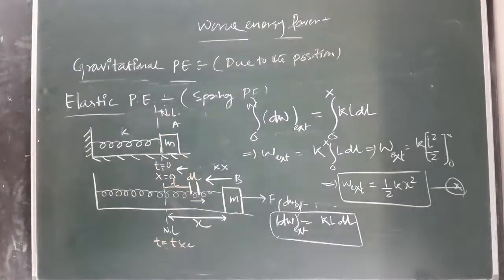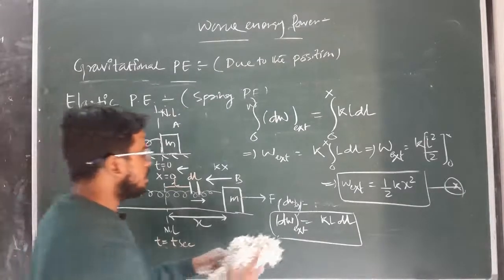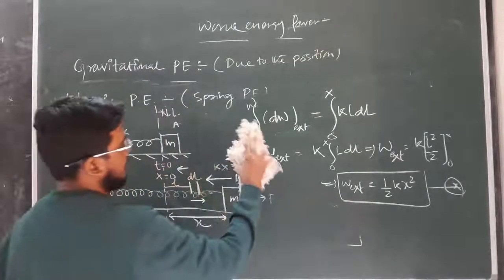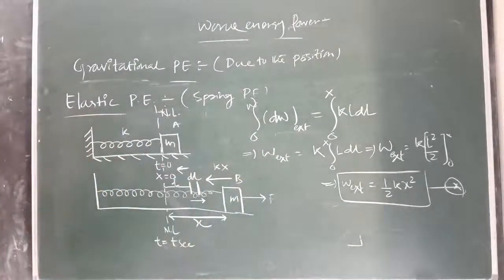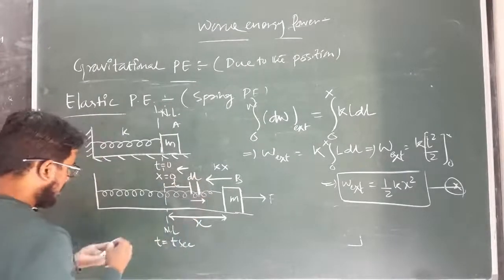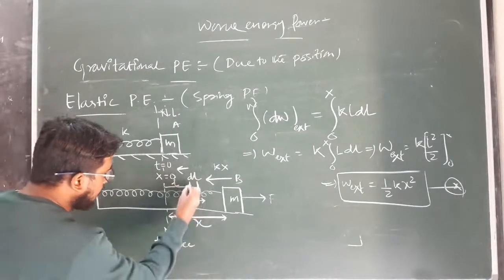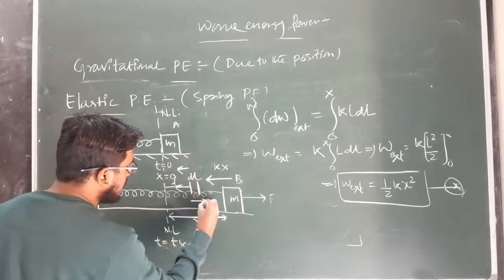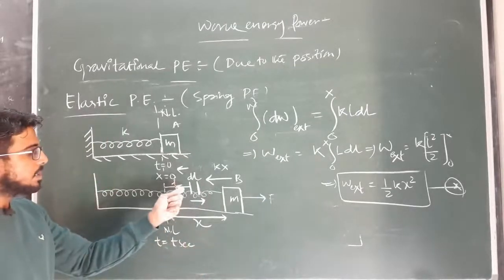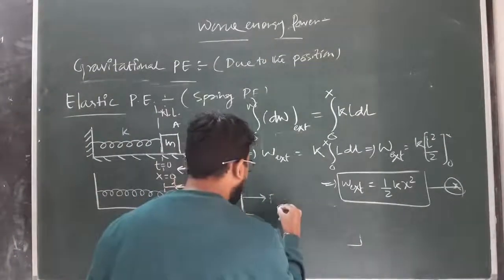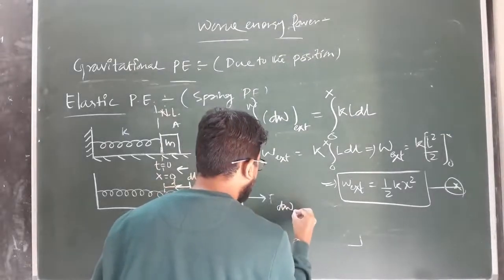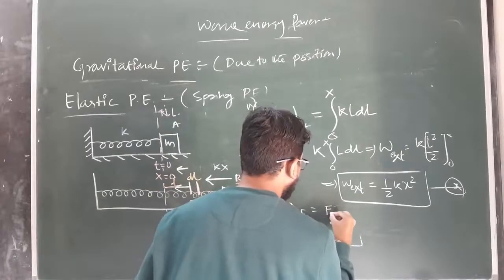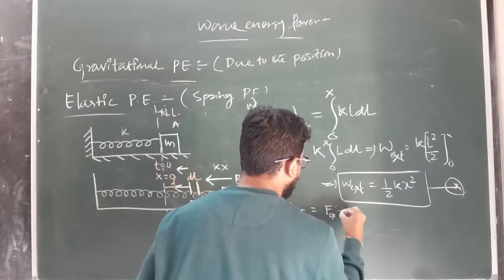Okay, but if we want to calculate the work done by the restoring force or spring force, the spring force will act along this direction towards the mean position and the displacement is along this direction. So the angle between displacement and spring force is 180 degrees. So the dW amount of work done at that instant due to spring force will be equal to F spring force dot dl.